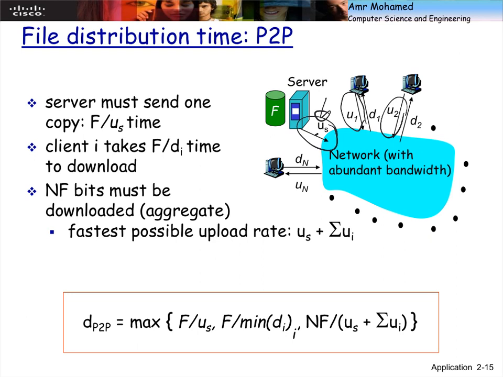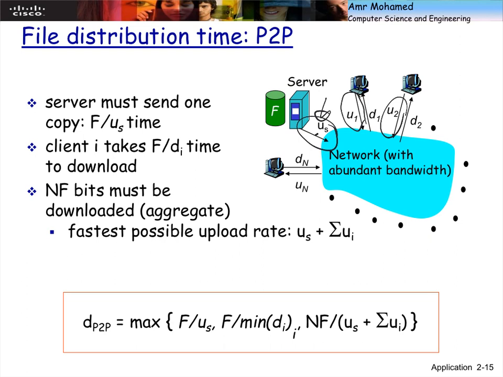The server will send it only once, and these different chunks will exist at different peers. So now all these peers will become potential servers. They can provide these different chunks to other peers. But from the server point of view, it needs to send it only once.